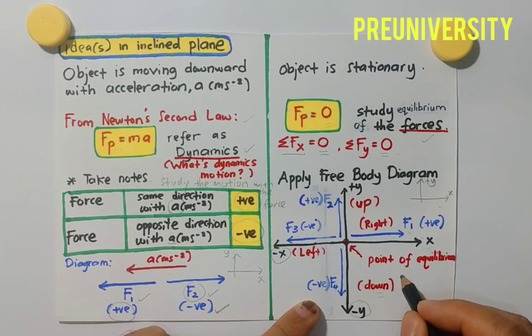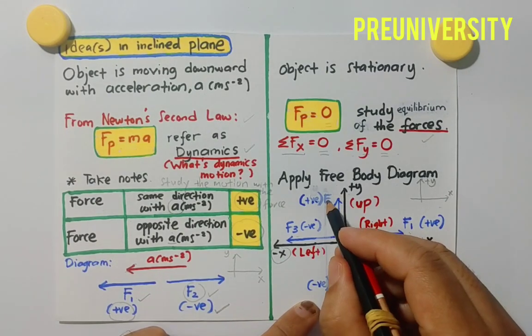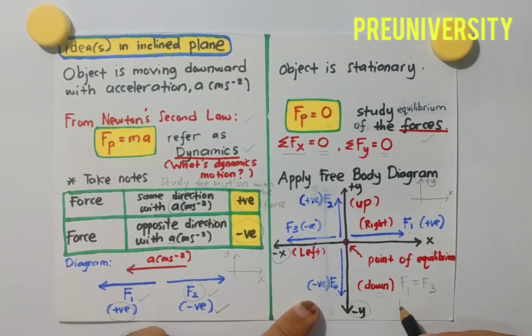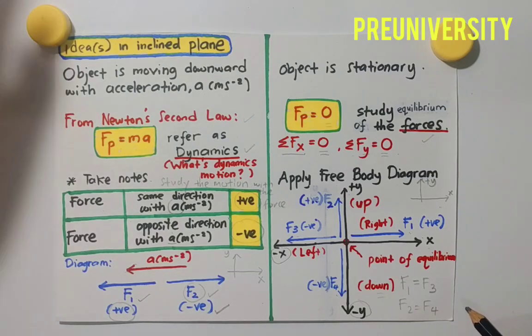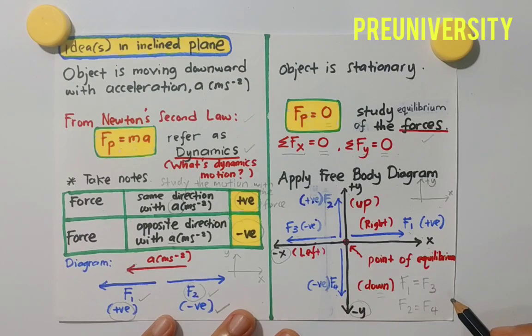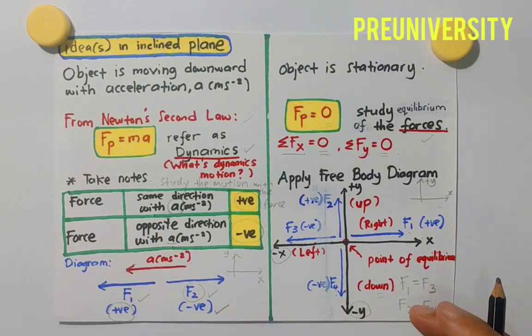That means F1 is balanced by F3, and of course F2 is balanced by F4. Okay, clear. So we continue.